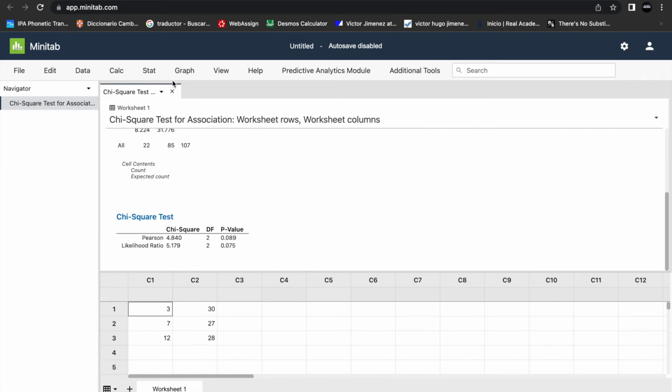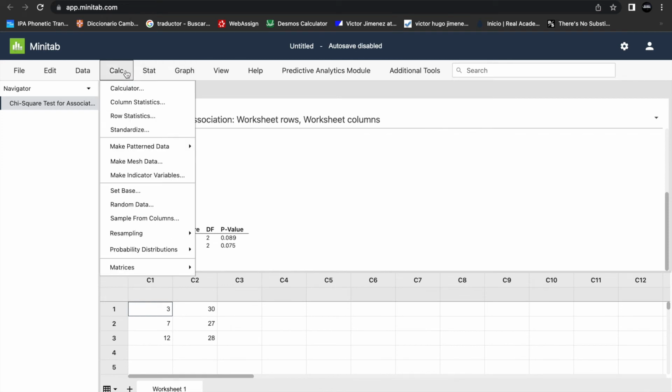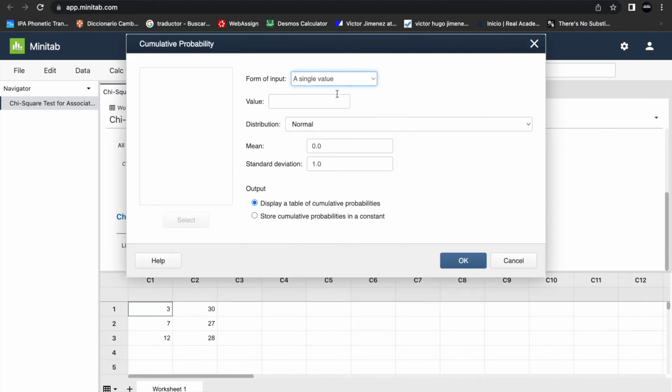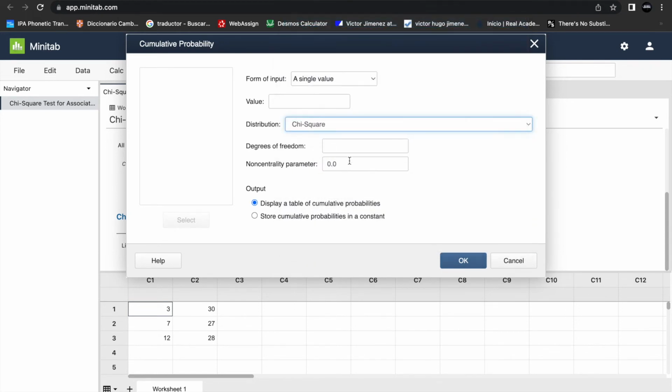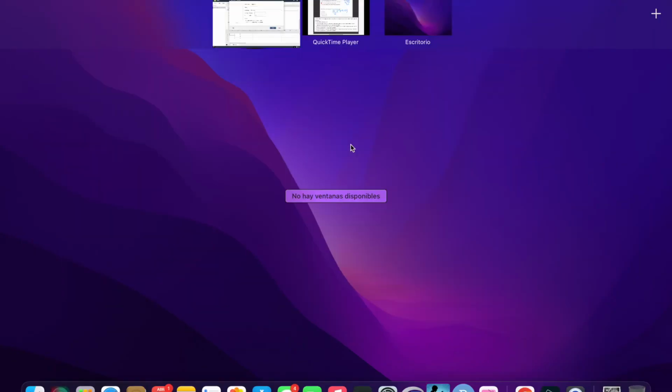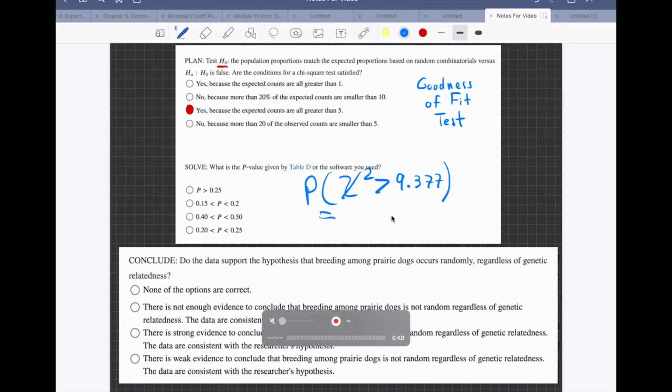You will have to use, I think it's Calc, Probability Distributions. We have the value, we want the cumulative. So you choose this one, cumulative. For the distribution, choose chi-square. There you have degrees of freedom. What are the degrees of freedom?